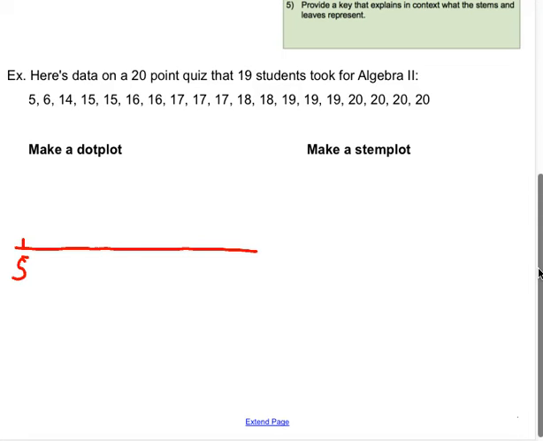So here, 5. Now notice I don't have to start at 0 when I'm making a dot plot, okay? So kind of a nice feature. Now I need to work my way up to 20. So 5, 6, 7, 8, 9, 10, 11, 12, 13, 14, 15, 16, 17, 18, 19, 20.